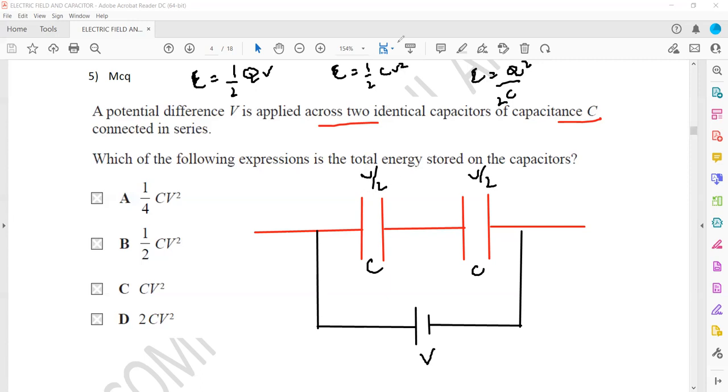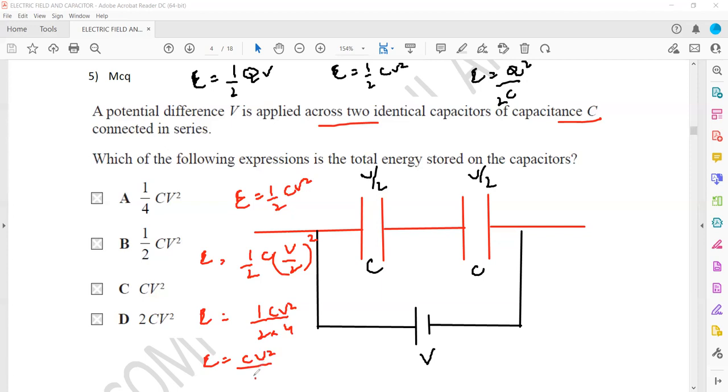So we'll find the energy stored by substituting in the formula. The energy stored by the capacitor is given by half CV square. So it will be half, C is the capacitance and V is the voltage, which is V by 2 whole square. When we simplify, it will be half CV square over 4, which is CV square divided by 8. But that is the energy in one capacitor.